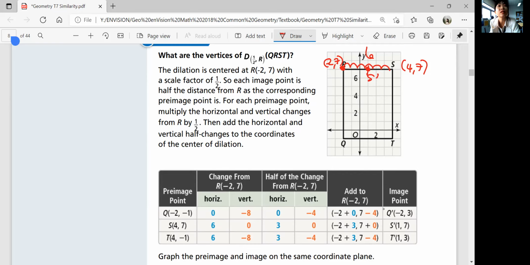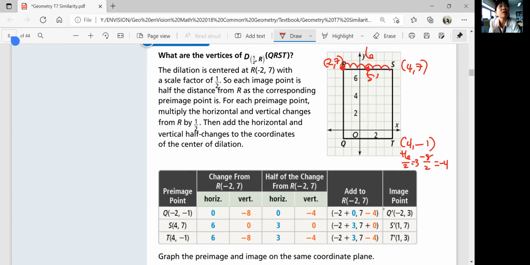Okay, but if you have a change both horizontally and vertically, just like point T, 4, -1, your change from -2 to 4 is 6. Your change from 7 to -1 is -8, right? So then you're going to divide that by 2, and then that's going to be +3 and -4.